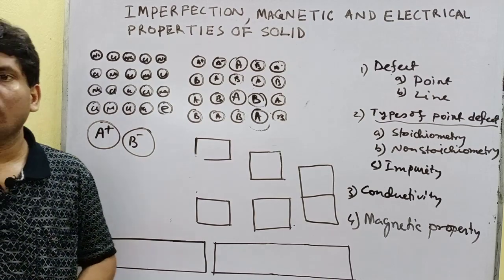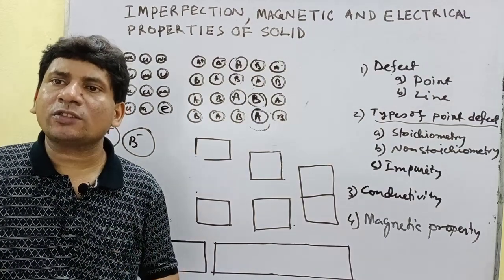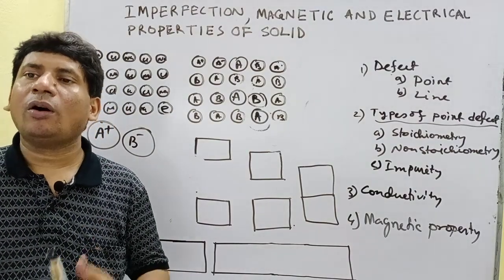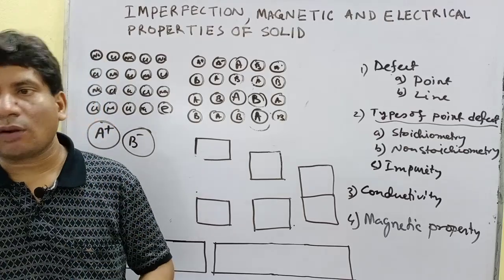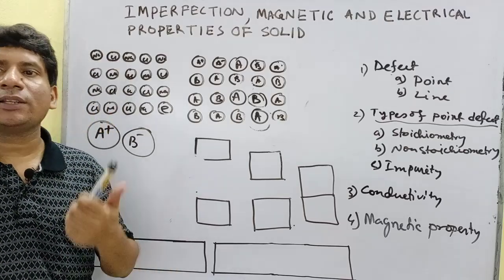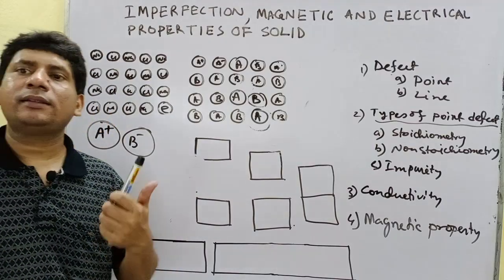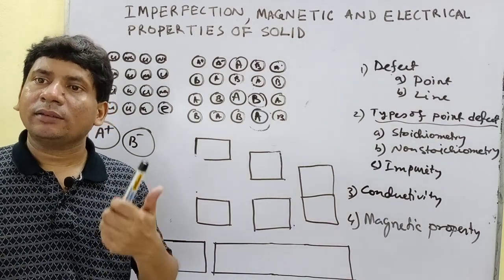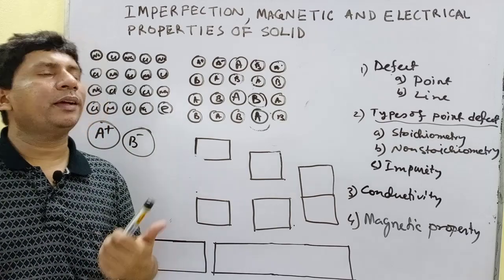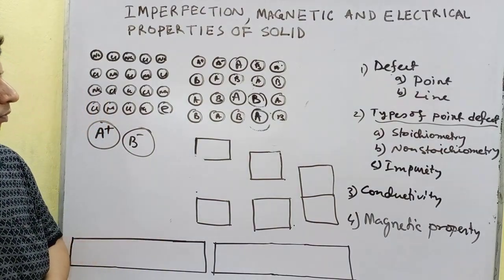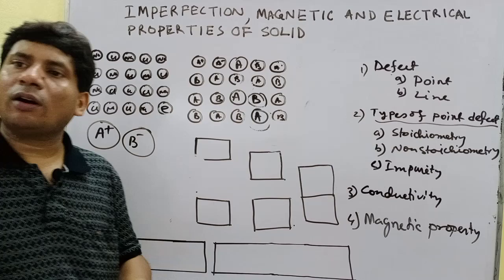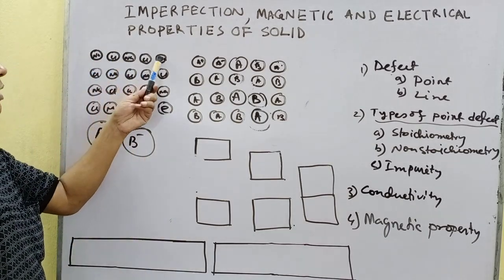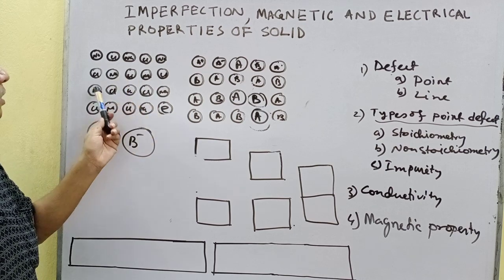Now, due to the presence of extra cations at interstitial sites, on heating, white zinc oxide turns yellow as it loses oxygen, and the zinc 2 plus ions and electrons occupy the interstitial sites. In zinc oxide, zinc, oxygen, zinc, oxygen alternate.